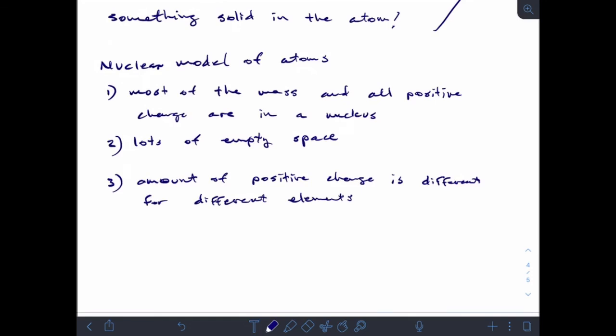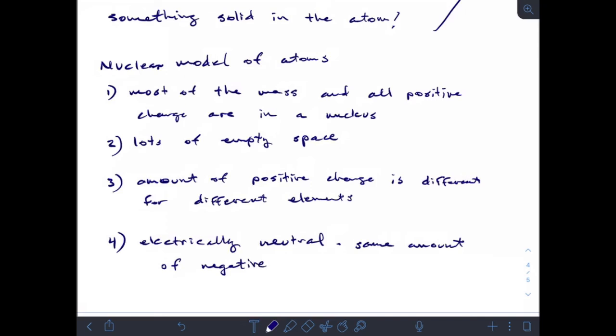And the last idea, and one that they sort of already knew, was that atoms are electrically neutral. In other words, they have the same amount of negative charge in the form of electrons.